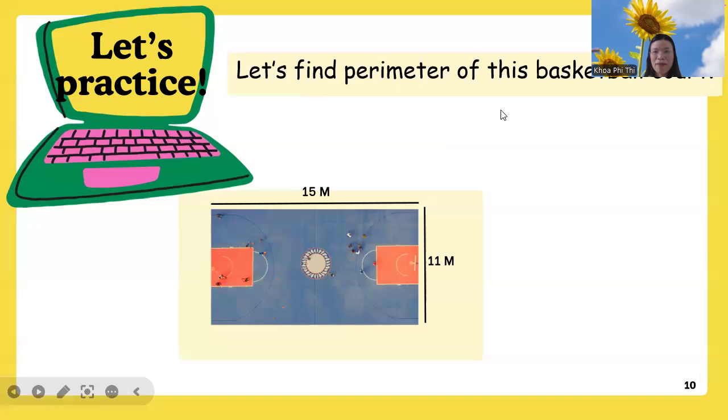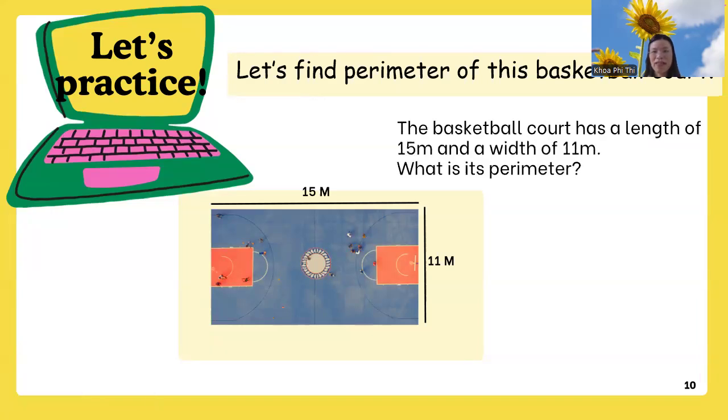Now let's find the perimeter of this basketball court. The basketball court has a length of 15 meters. 15 meters, not 15 centimeters. It is equivalent to 1,500 centimeters.